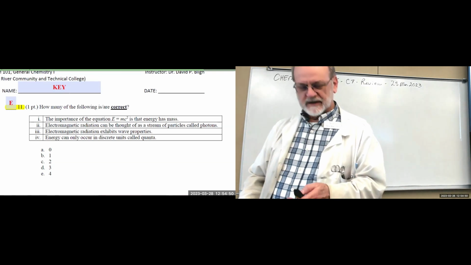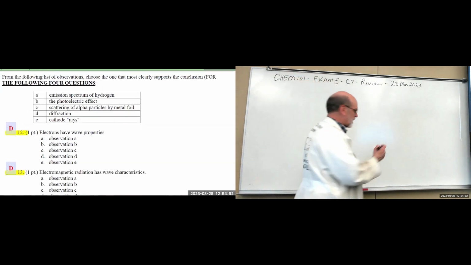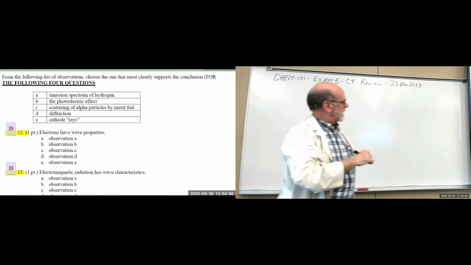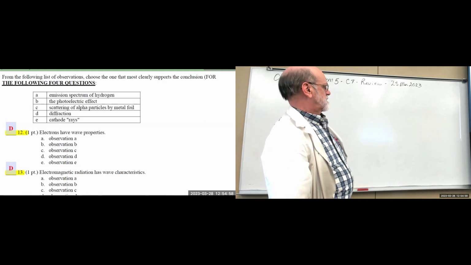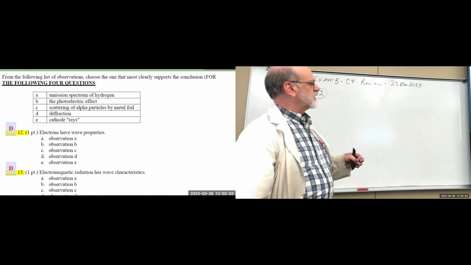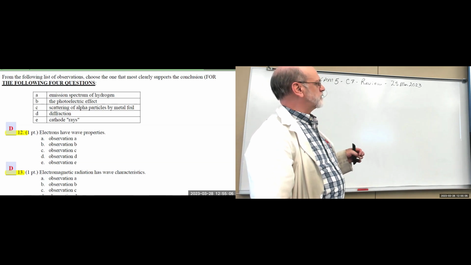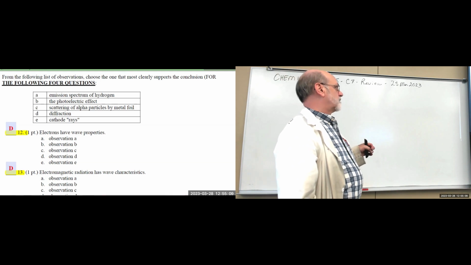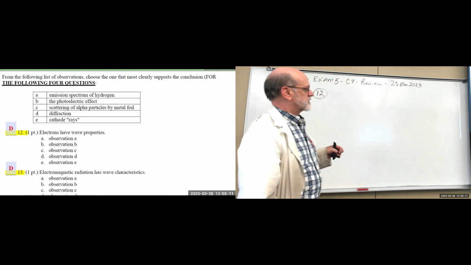Anyway, let's move on. 12. Let's see, we're going to need that. From the following list of observations, choose the one that most clearly supports the conclusion for the following 4 questions. Okay. Electrons have wave properties.